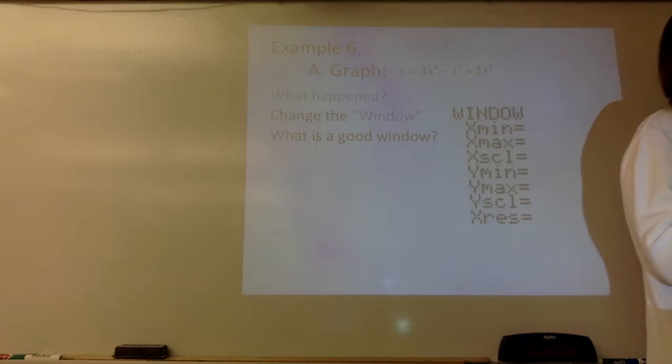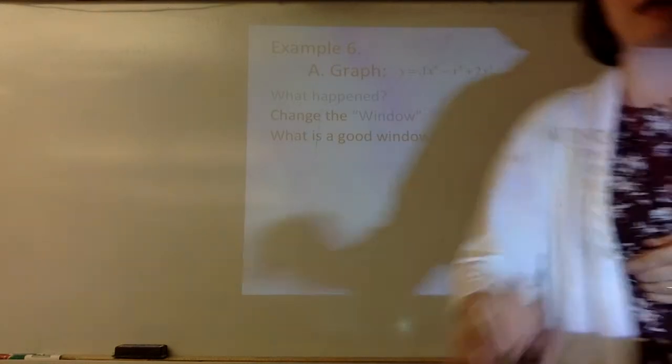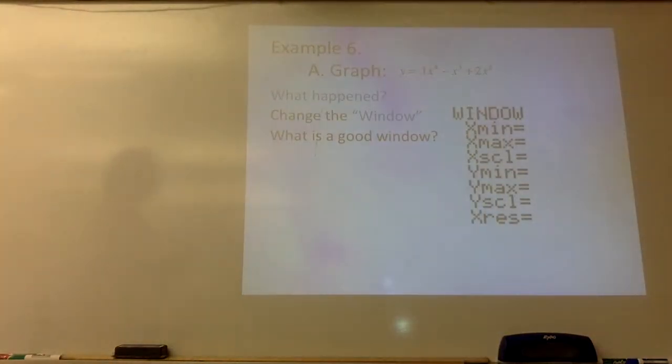The lowest y value is not going to be -10. Maybe we want to try something like -14. I want you to change the window settings until you can see the majority of the graph. So let's see, all the way to the bottom, -15. Does that work for you?